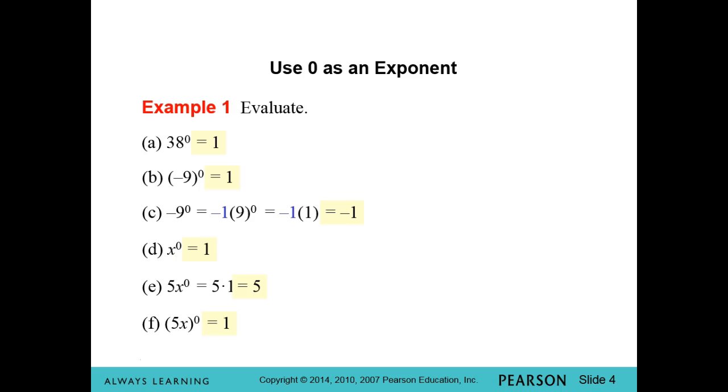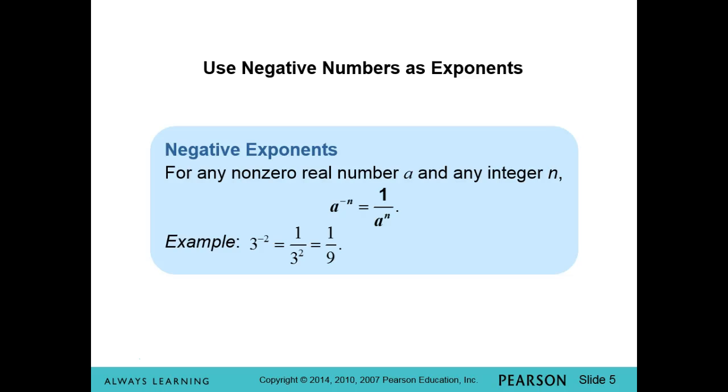So, let's go to negative numbers used as exponents. Here's the rule. For any non-zero real number a and any integer n, if you raise a to the minus nth power, I have a silly way to refer to it.